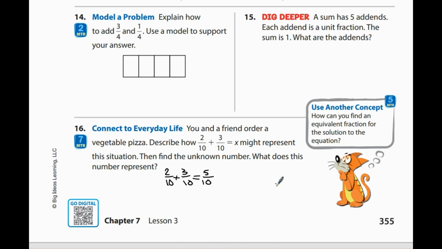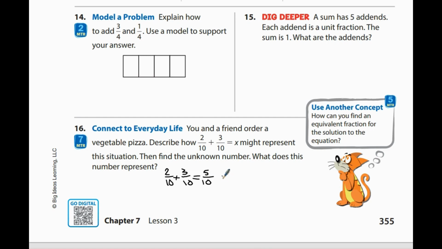What does the number represent? Well, the number represents the fraction of the pizza you and your friend ate all together. That means that you guys bought a pizza. You had 2 slices out of the 10 slices. Your friend had 3 slices out of the 10 slices. So together, you ate a total of 5 slices out of the 10 slices.